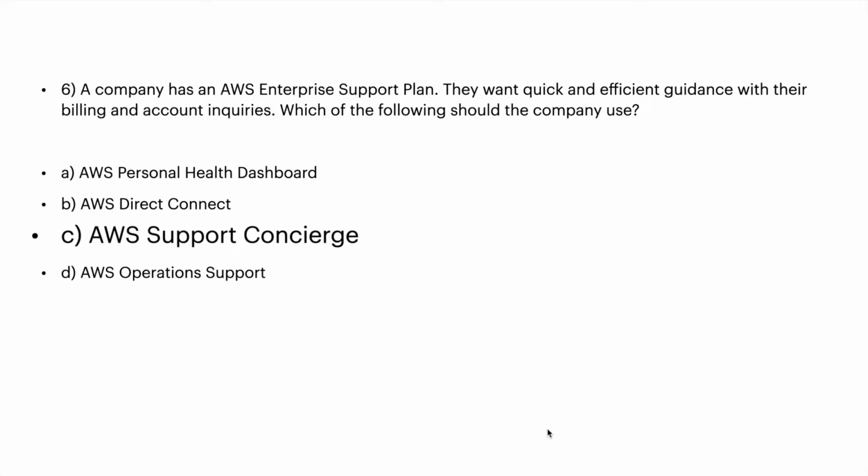However, AWS Personal Health Dashboard helps you to learn about the availability and operation of AWS services, and AWS Direct Connect is a network service. Let's check the right answer on the AWS website.